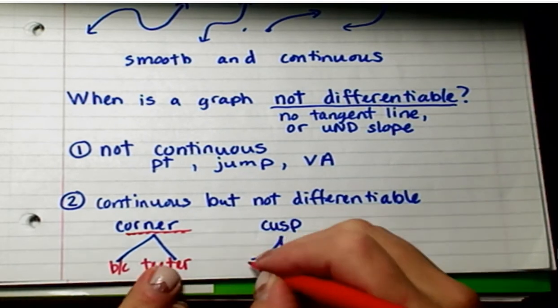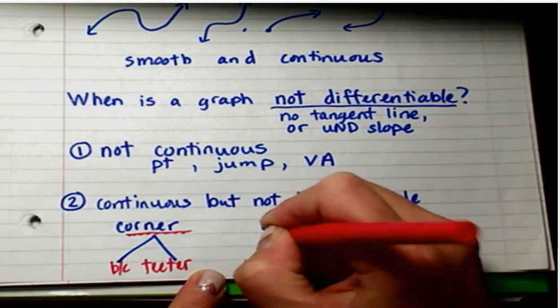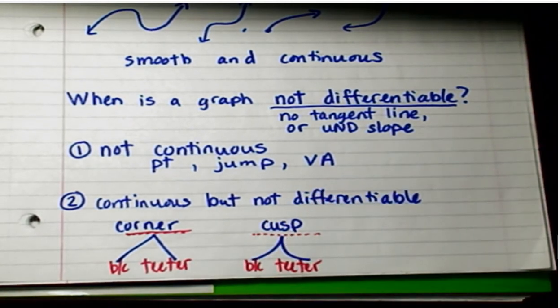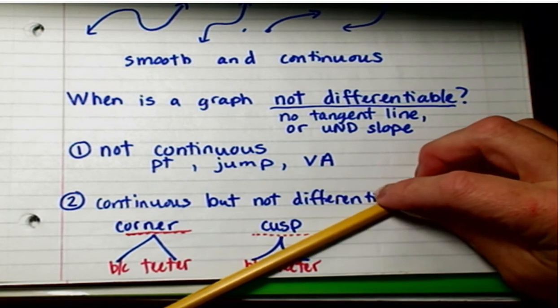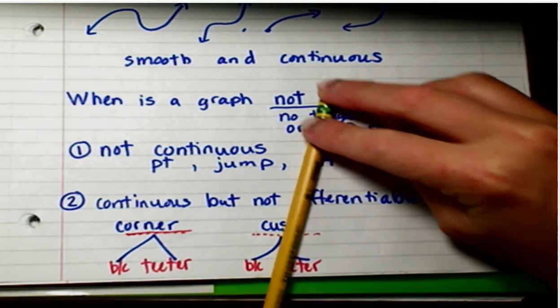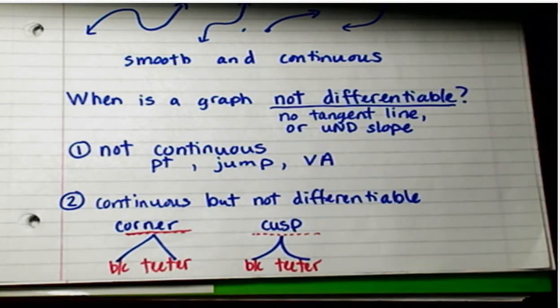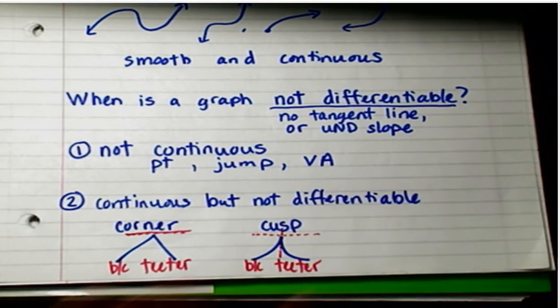Same reason, because the tangent line teeters right here at the top. Now, as I follow the curve, the tangent line looks like it might be straight up and down. It still doesn't work.